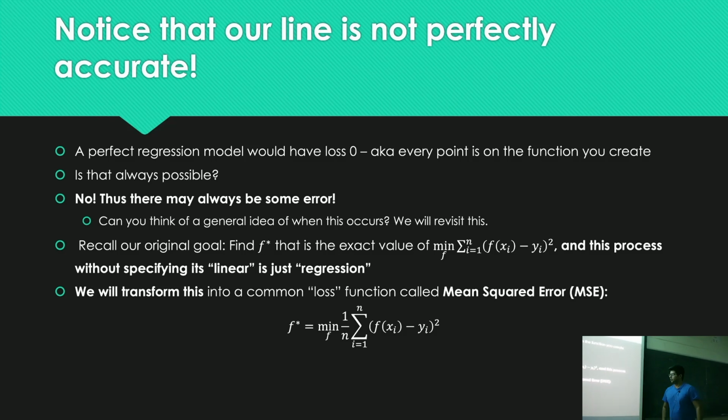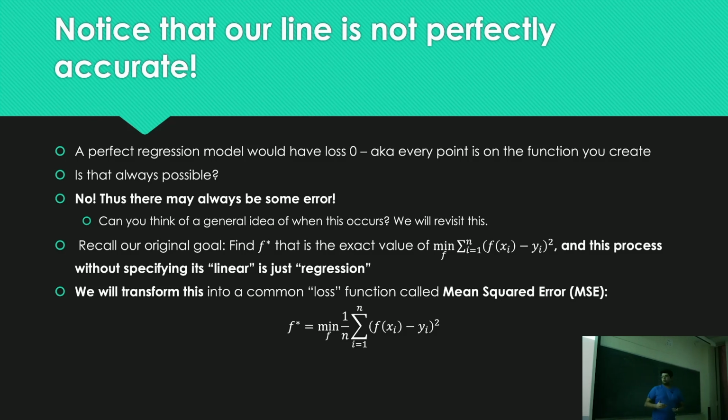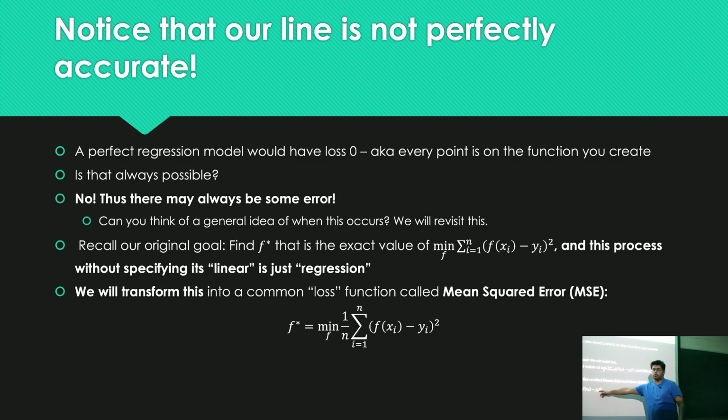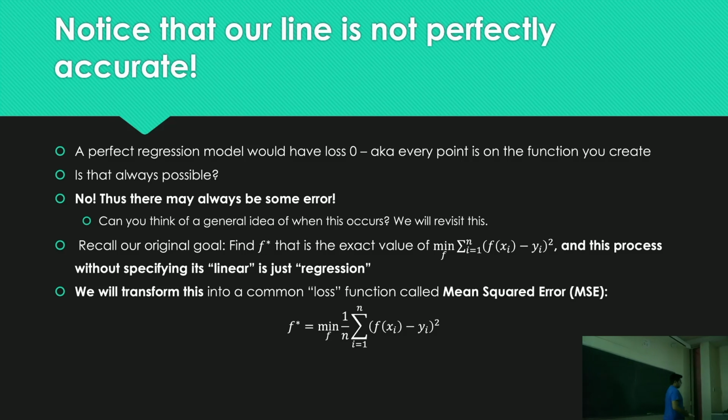You get the idea. This mean of the squared residuals is called the mean squared error, MSE. This is a very common loss function. We call it a loss function because the more mean squared error you have, the worse your model is, so you want to minimize your loss function.